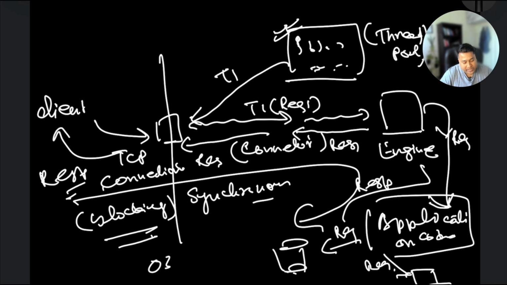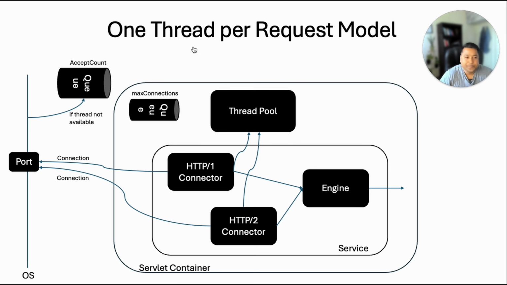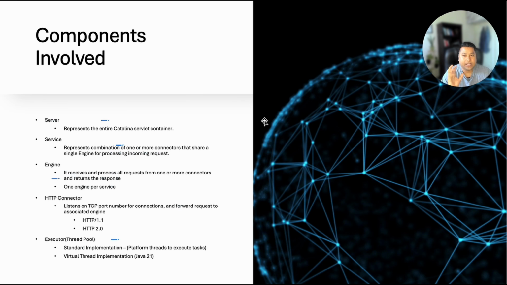But so far we understood how, at the ground level, Tomcat manages a request per thread, and these are the fundamental components involved in it. You can go to the official website, but by this time you might have gotten a basic idea around how Tomcat works. We use these things day in and day out, but it's a good idea to understand how things are working.